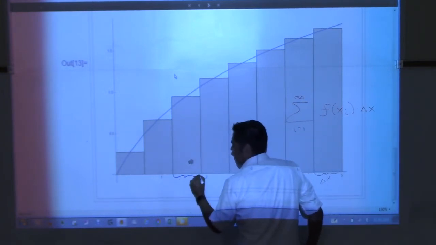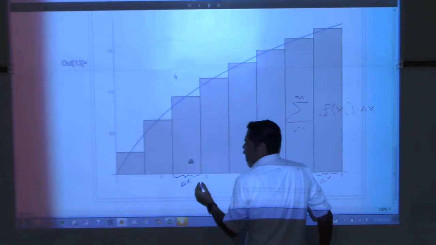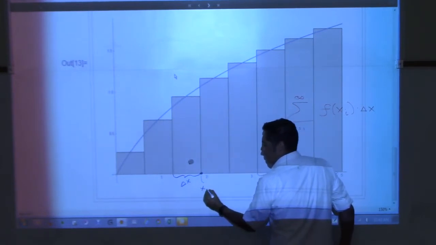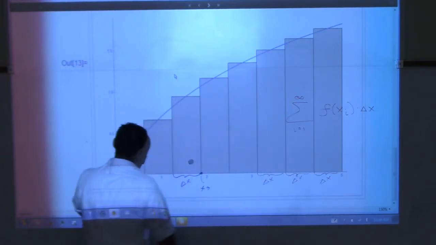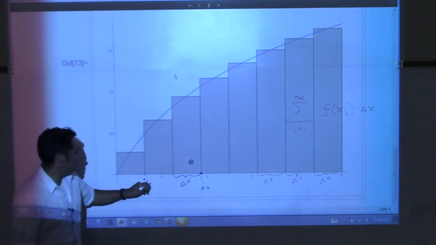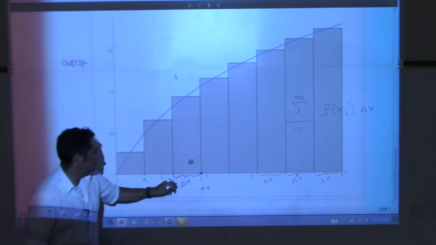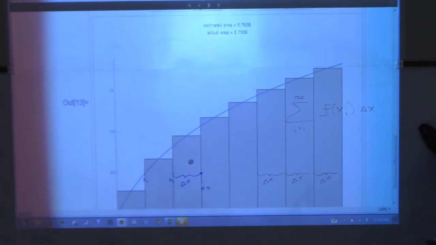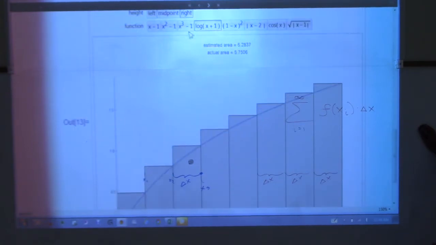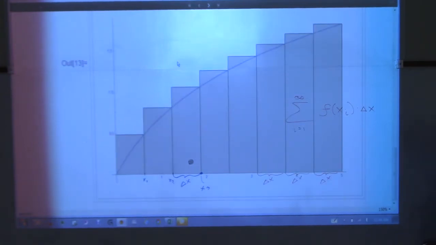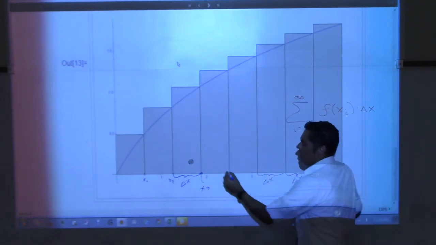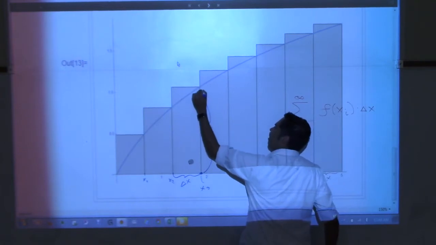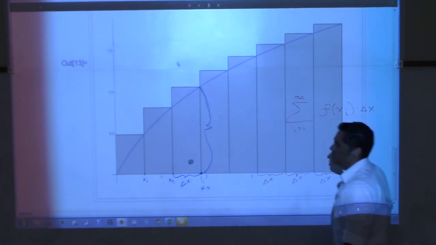If I pick a point here, this right endpoint, I call that, let's say, x sub 3. So this would be x sub 1, this would be x sub 2, x sub 3. If I pick that right endpoint, x sub 3, and I measure this height right there, how tall is that?